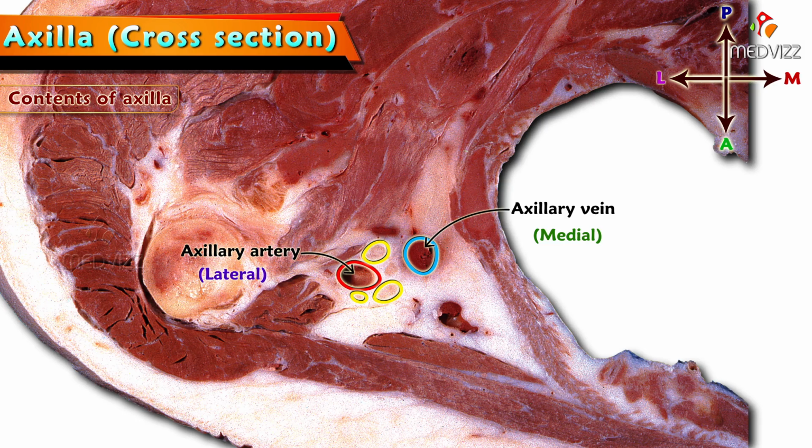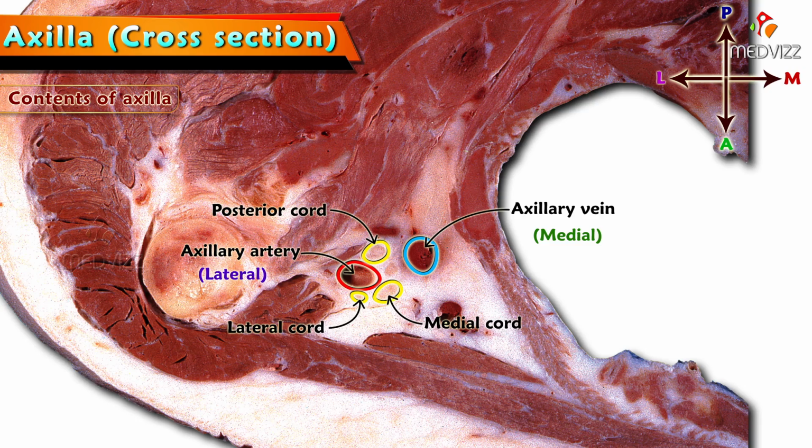In this section, it is difficult to label the cords and branches of brachial plexus. We can still try to say lateral cord is here, medial cord is present medial to the axillary artery, and posterior cord is present on the posterior side of axillary artery.